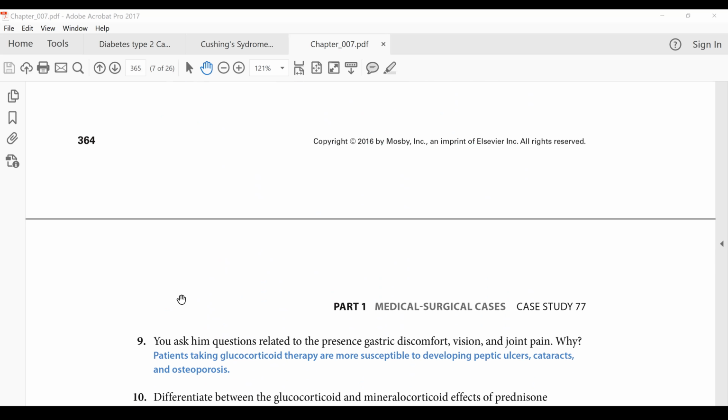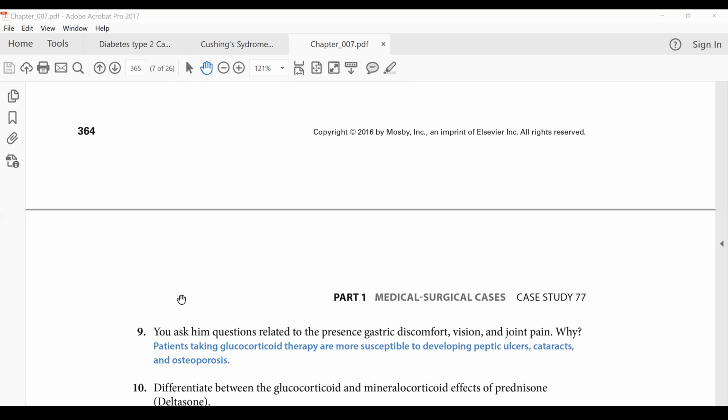So what's the difference between the glucocorticoid and mineralocorticoid effects of prednisone? What's the difference? Have you guys looked at your meds? How they're metabolized? Okay. Michelle's asking, does osteoporosis cause issues with blood production, because blood is made in the bone marrow?